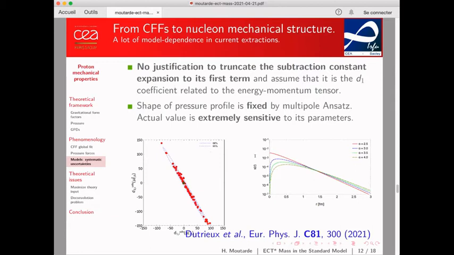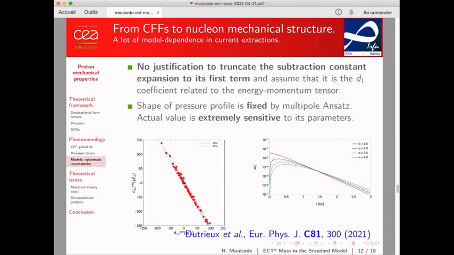Indeed, we tried to extract both D1 and D3 from the subtraction constant. So we still assume that D3 obeys a triple ansatz in its t dependence, that it's the same for U, D, and S flavors, but we try to extract both D1 and D3 by separating them only through evolution.